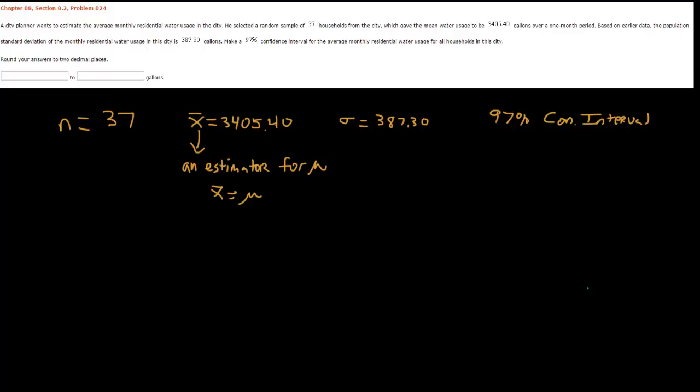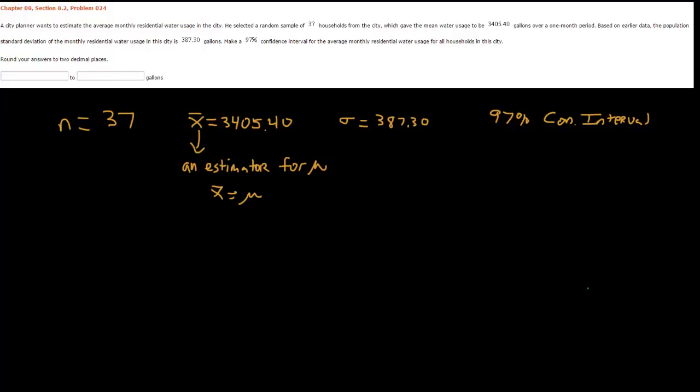Now let's go over here to the confidence interval. Before we can construct our interval, we need to know the z value that's associated with a 97% confidence interval. There's a chart in your book. There are 4 or 5 common confidence intervals, and you can certainly memorize the z values associated with them.